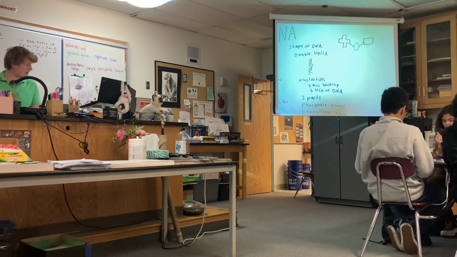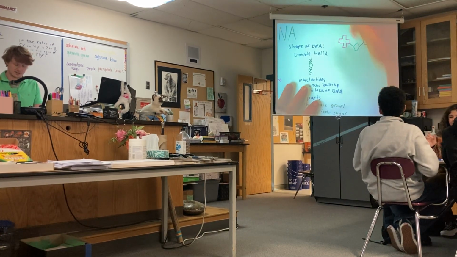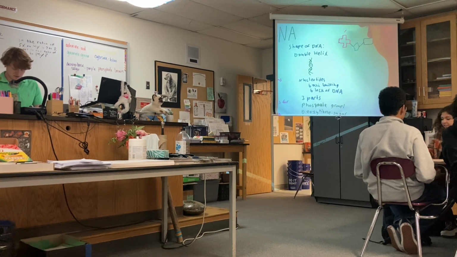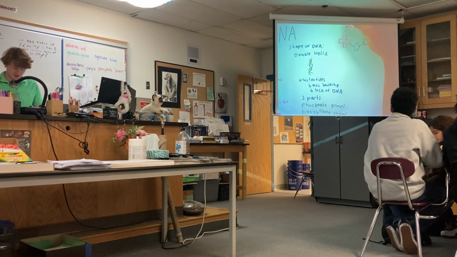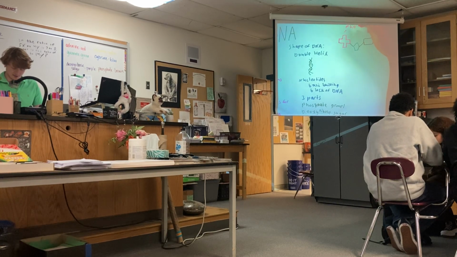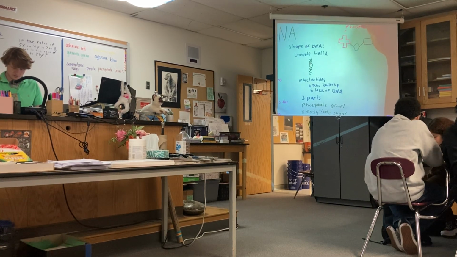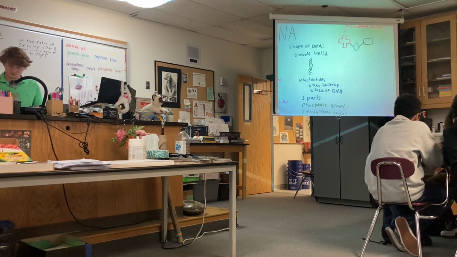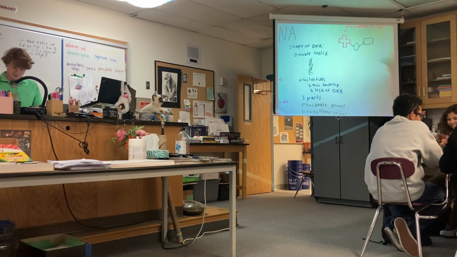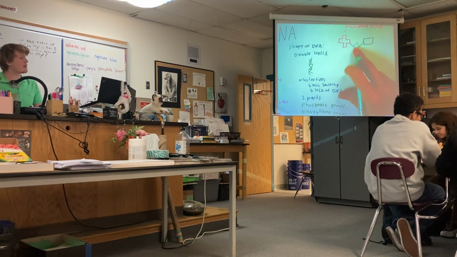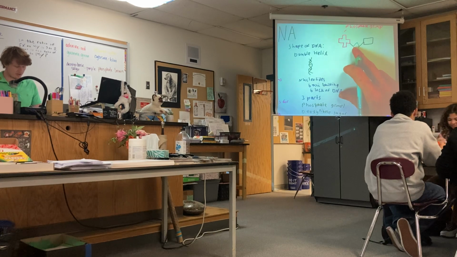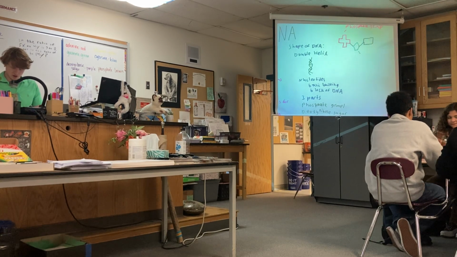That pink cross right there is our phosphate group. And phosphate groups are always on the very outside of DNA. That pentagon in the middle represents the sugar.